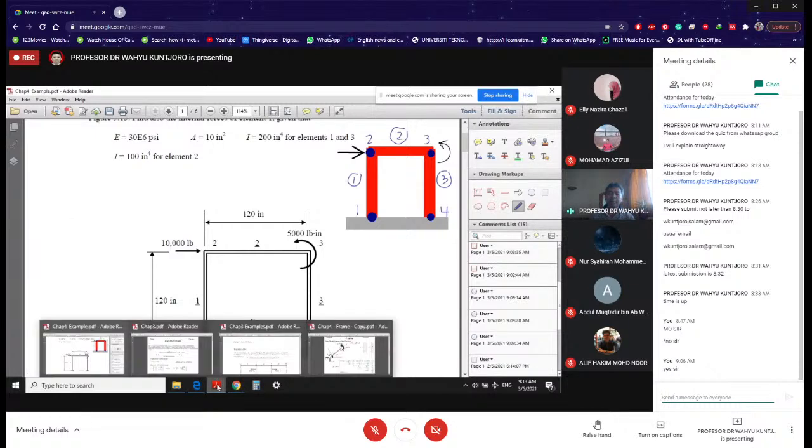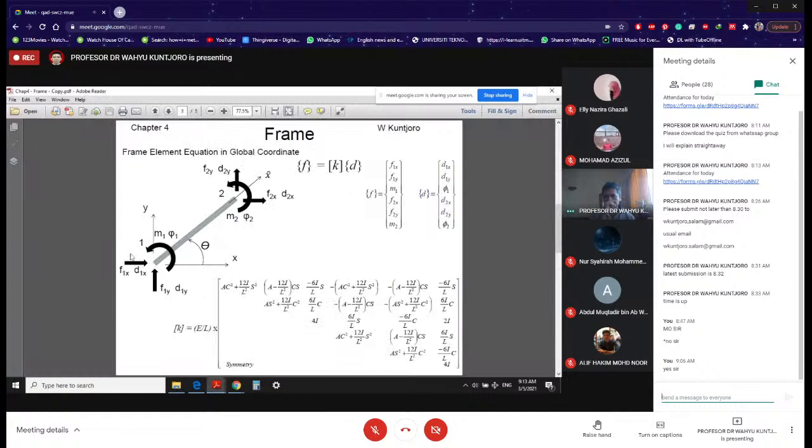And the equation, you have learned that equation, as what we have over here. Those are the terms, the symbols that you have to be familiar with for this element, so that you can calculate the equation. As usual, it is going to be F equal to KD, all right?